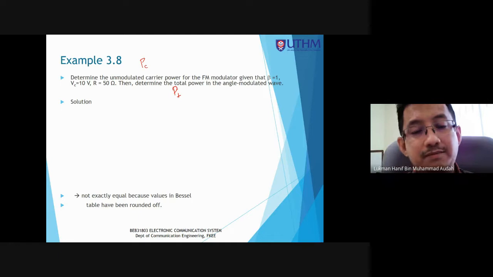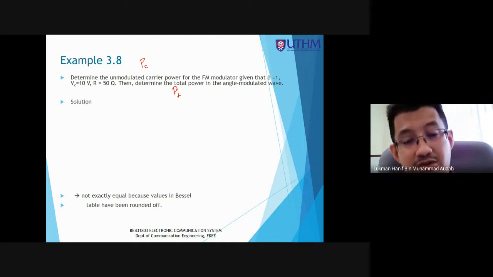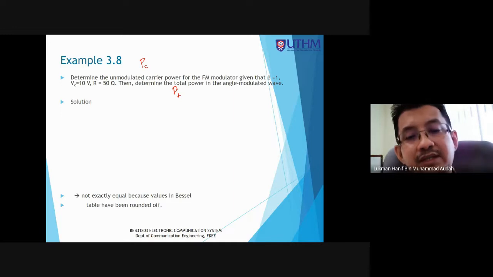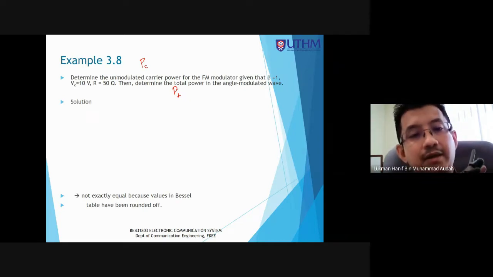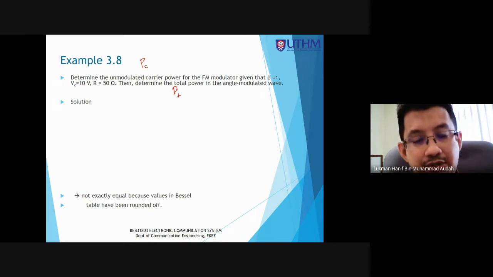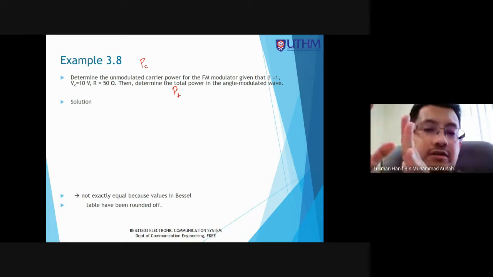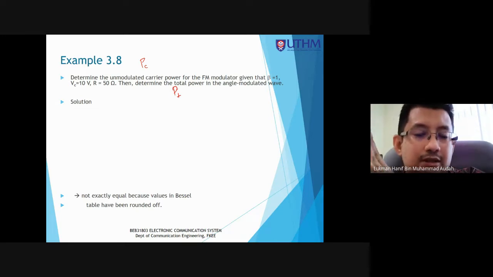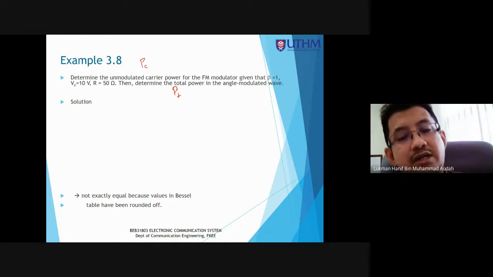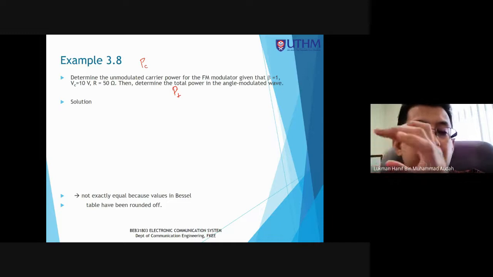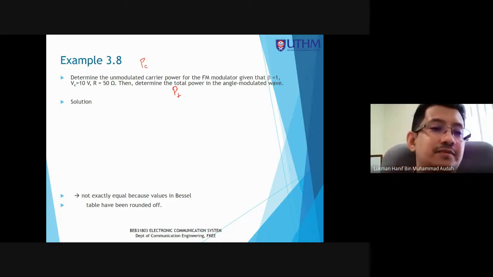Secara teorinya PC and PT is equal. Theoretically. So apa yang soalan ni nak sebenarnya? This question actually wants you to compare the unmodulated carrier power with the total power, using the long equations.